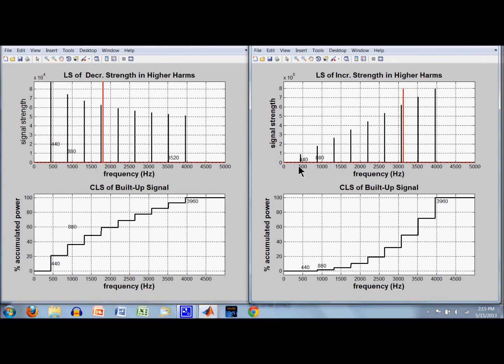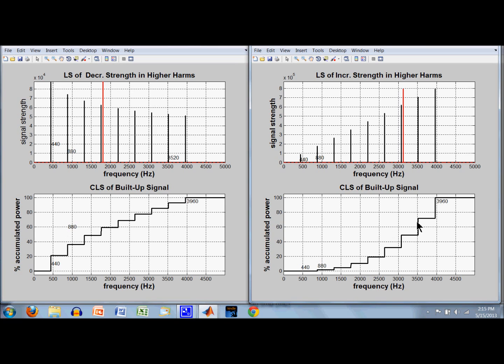And this is the comparison of the two built-up signals. This is the one that has decreasing strength at the higher harmonics. This one has increasing strength at the higher harmonics. This one shows the lines dropping off in power with frequency. This one shows the lines increasing in power with frequency. Here the step sizes decrease as you increase in frequency.